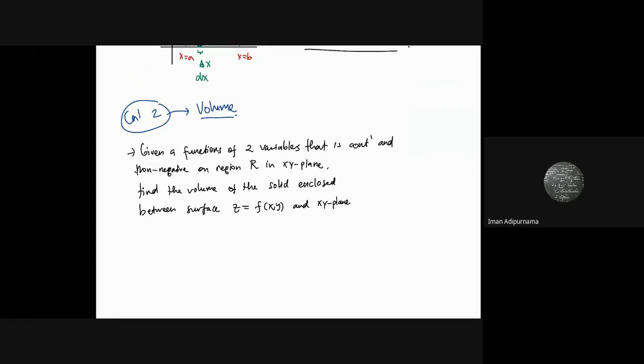Okay, what it means is we need to find here... so if this is, let's say, a surface, z equal f(x,y), and maybe we have this region R here.